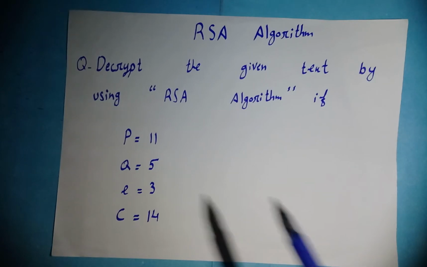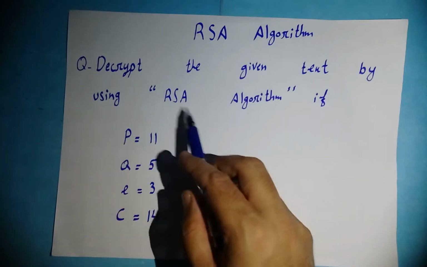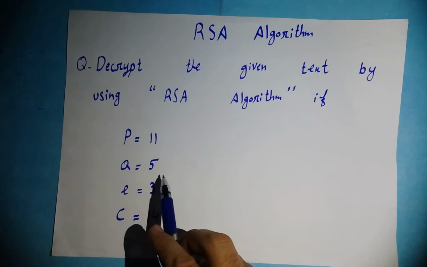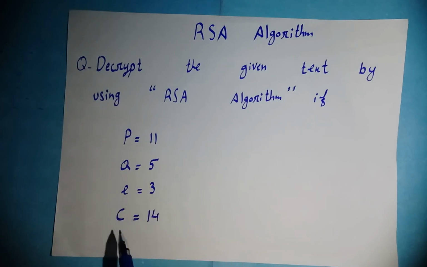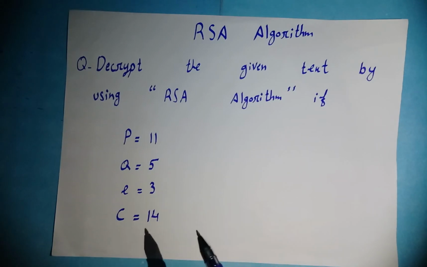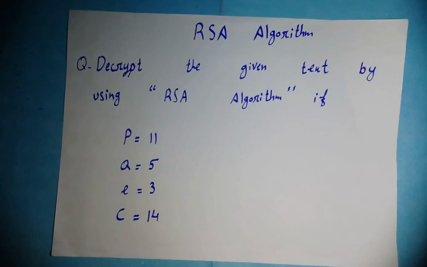So if you see, I've just written down one question over here. Decrypt the given text by using RSA algorithm if P is equal to 11, Q is equal to 5, E is equal to 3 and C is equal to 14. When you get any question about RSA algorithm, definitely in the question you are going to get these 4 values.